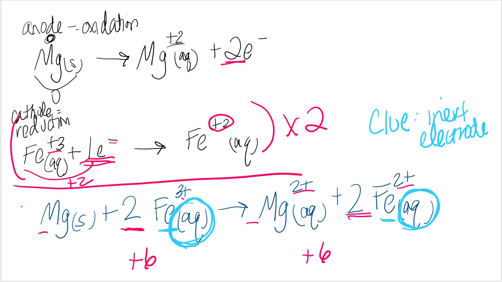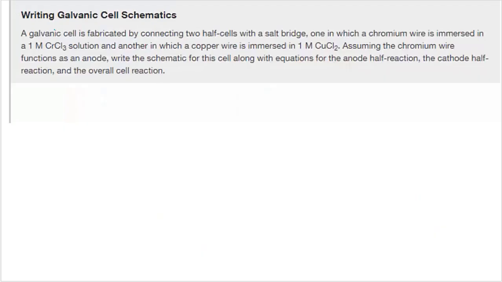So this is how you know you need an inert electrode involved to complete the circuit and give a site for the electron transfer. So that inert electrode most often will be written as platinum. Okay, great work. Let's keep processing some more examples.